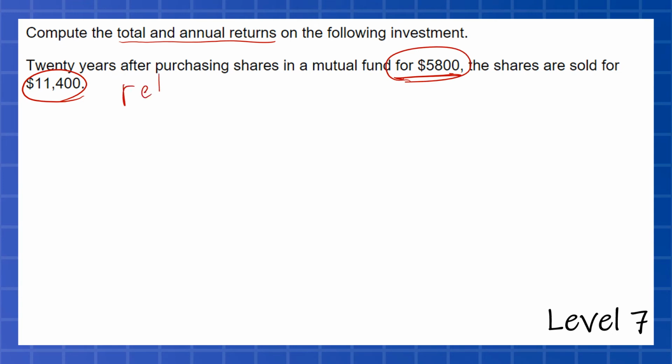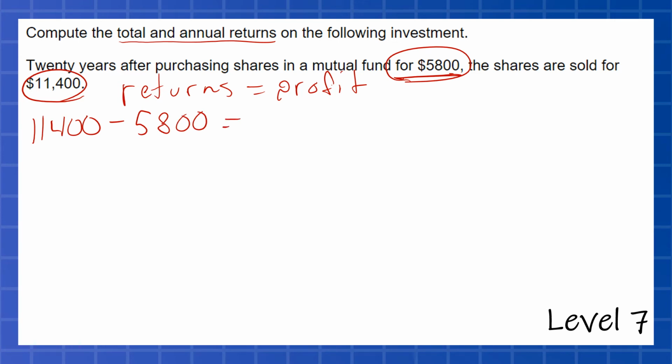When we talk about returns, what we're talking about is profit. So my return is not $11,400 because that's not what I profited. That's what I had when I sold them. But I need to subtract the amount I paid. So I'm going to take the $11,400 minus the $5,800.